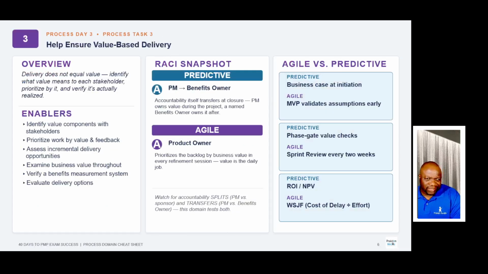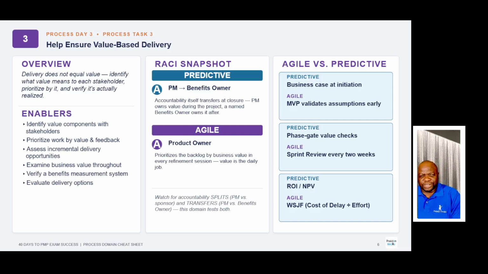Going over to day 3, we'll be talking about helping to ensure value-based delivery. The mantra is if it's valuable, do it, and make sure you're breaking it down into incremental pieces of value for the customer. Delivery does not equal value, so you got to see what value is to the stakeholder.